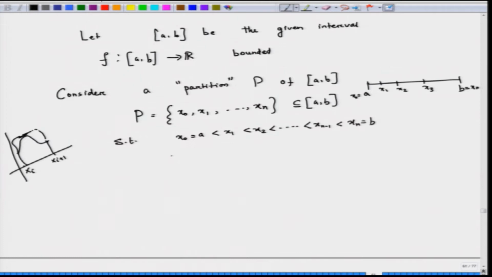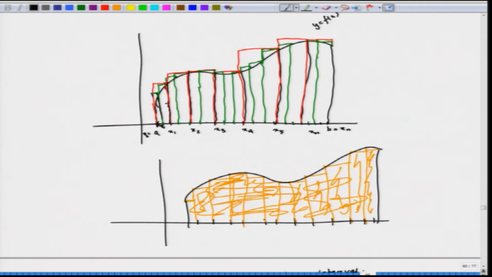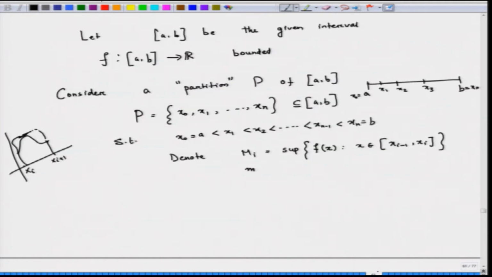So denote M i as the supremum, since f is a bounded function, there is a least upper bound of f of x such that x belongs to [x i minus 1, x i]. And for the yellow one, we are considering the minimum value of f.